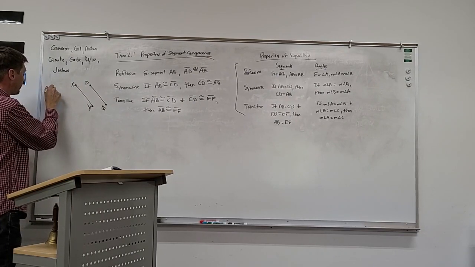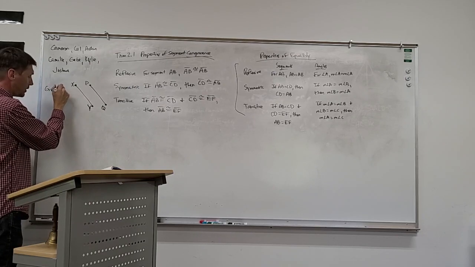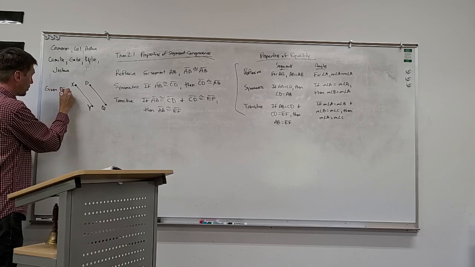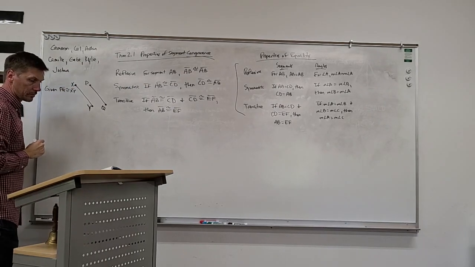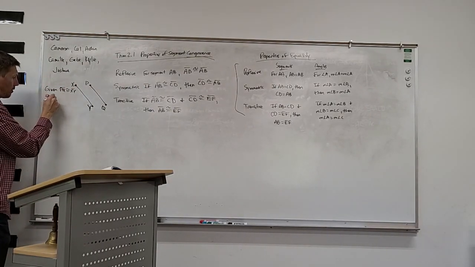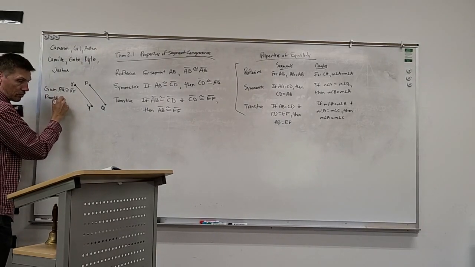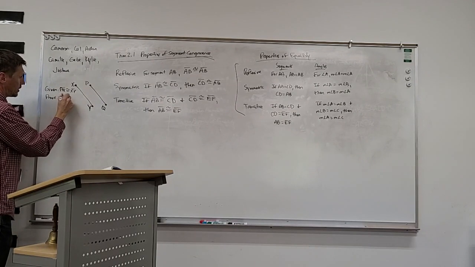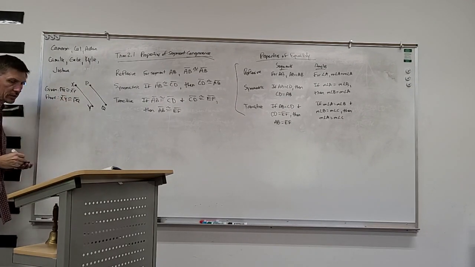What we are given is that line segment PQ is congruent with line segment XY, and they want us to prove that XY is congruent with PQ.